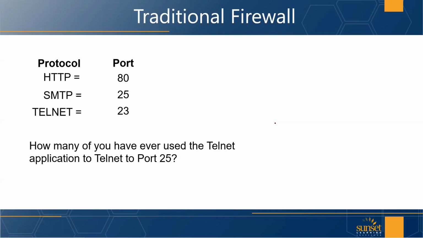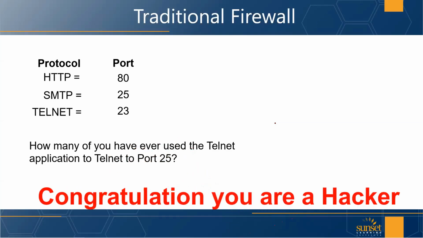Well, if I've done that, I've used Telnet, which is an application, embedded in my SMTP connection. Congratulations, I'm a hacker, because we've actually used another program as a Trojan horse inside a program to get connectivity. So how does a traditional firewall deal with it? They really don't care. They're just like, am I allowing port 25? Yeah. From this IP address? Okay. I'm not looking at what's inside of it.